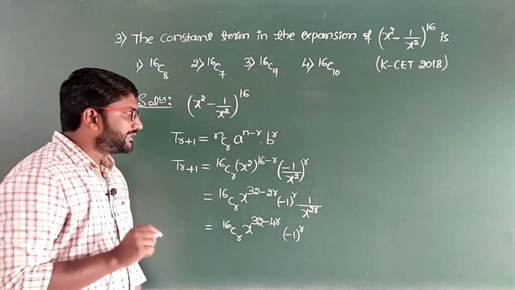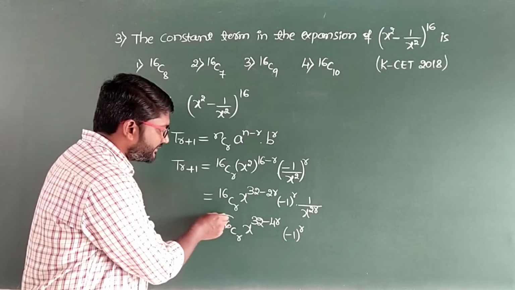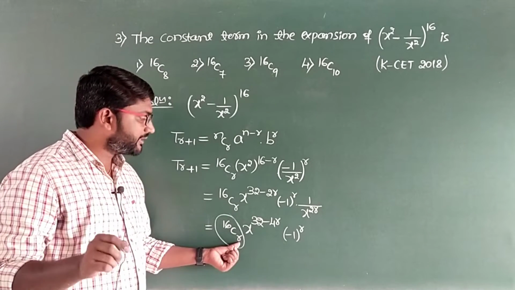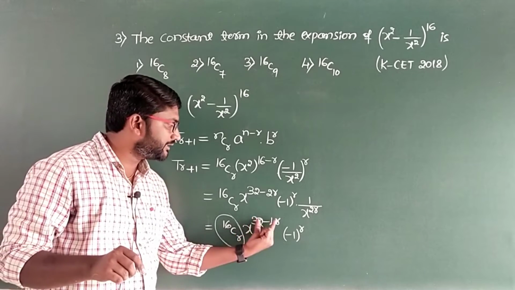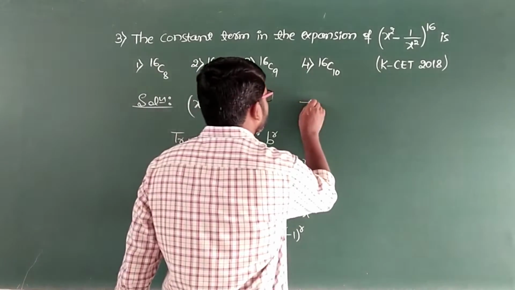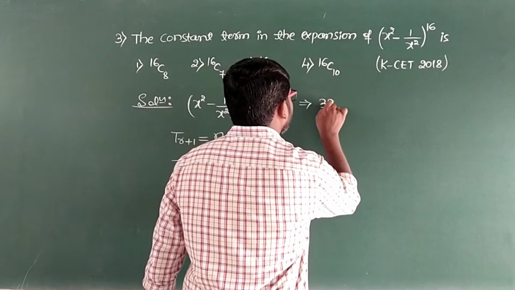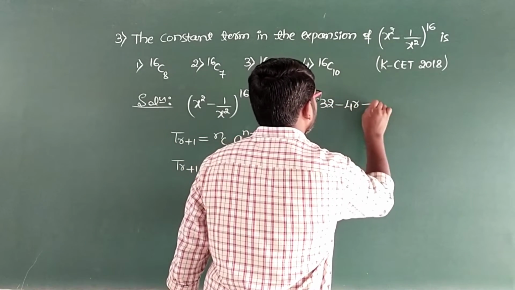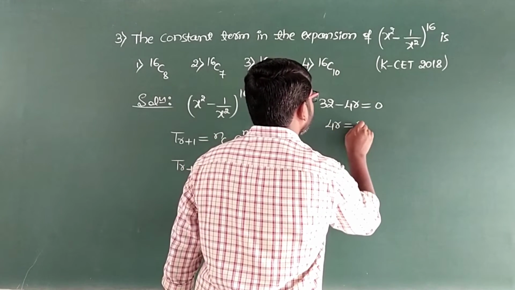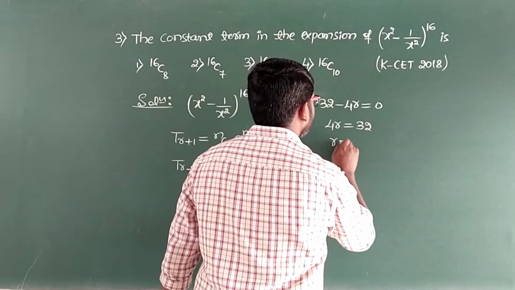Now to get the constant term, the constant term is nothing but 16Cr. So we need the value of r. To have the constant term, we need to equate 32 minus 4r with 0. So this implies 32 minus 4r is equal to 0. So what do we get now? 4r is equal to 32, then small r value will be 8.